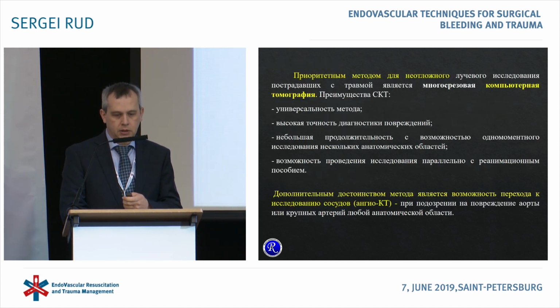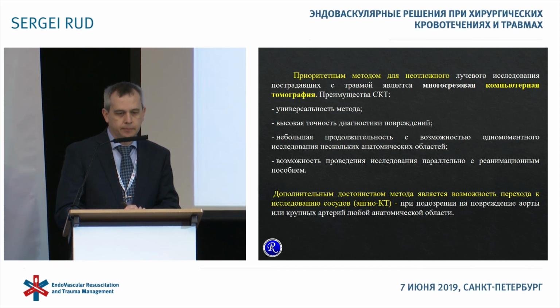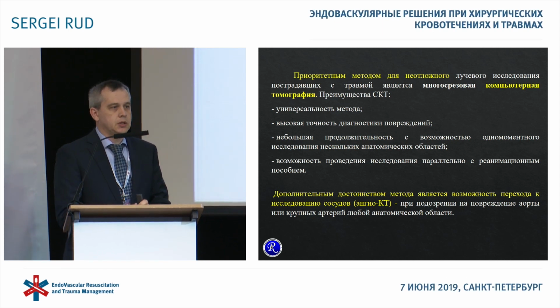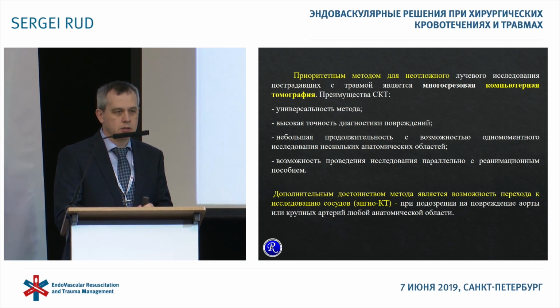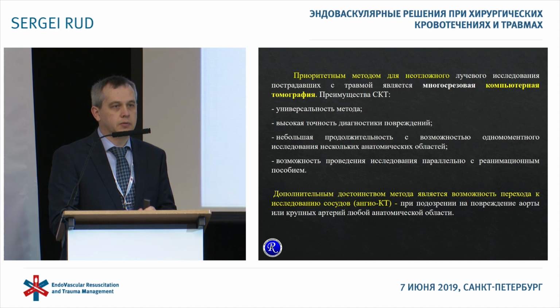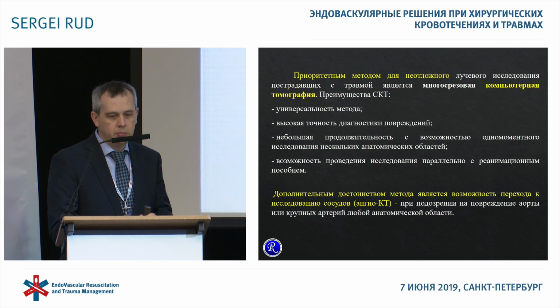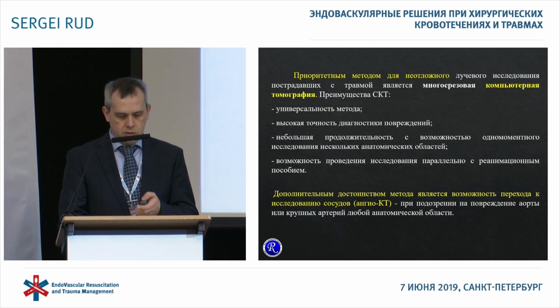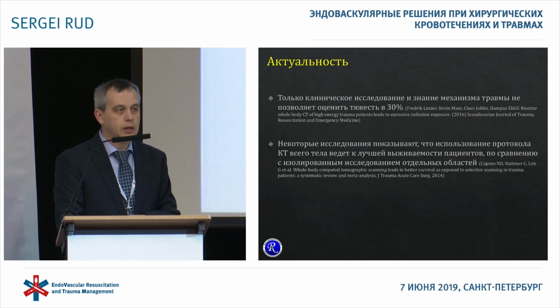The main reason usually is high energy trauma, like a traffic accident, for example, or falling from a height. The priority method is CT, and this is quite recognized today. It allows us to identify all the traumas and also the signs of continuing bleeding.